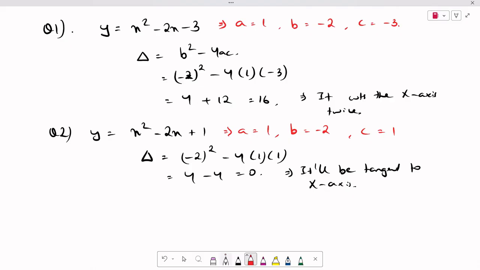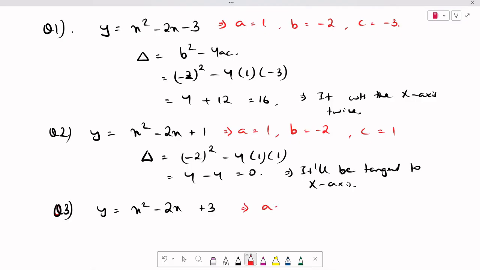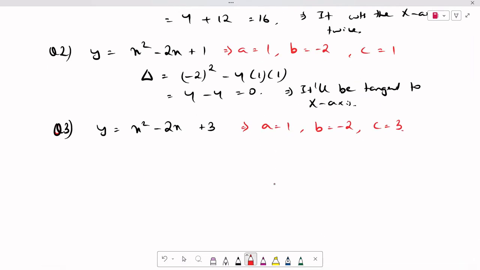Moving on to the third example, let's say I have been given y = x² - 2x + 3. Here I can see that a is 1, b is -2, and c is +3. The value of the discriminant will be (-2)² - 4 times 1 times 3.